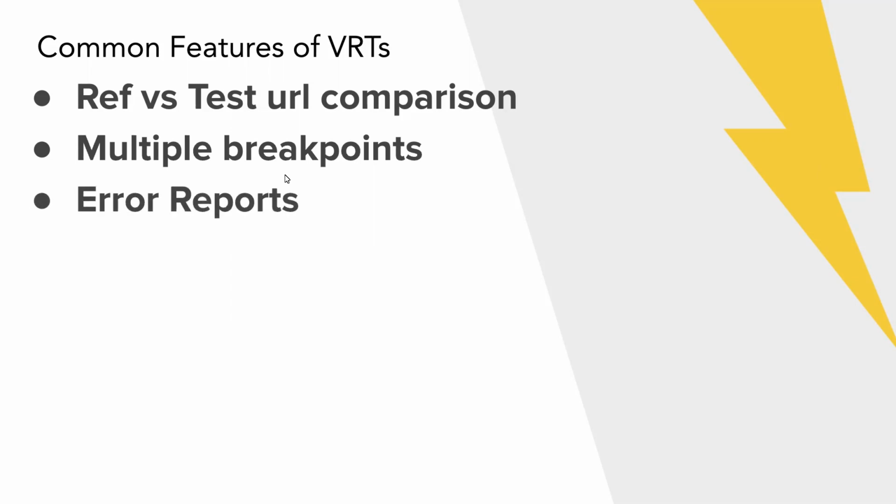And error reports, where you get the results in terms of percentage, how much has varied after you made a change. Some also have APIs, so if you want to put it in a continuous integration environment, you can get that data as an API and parse those results.